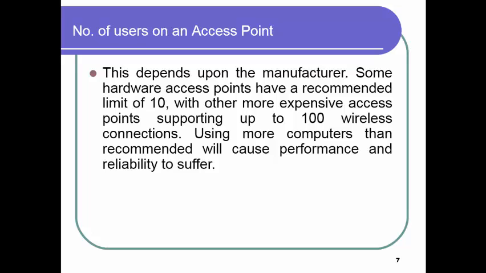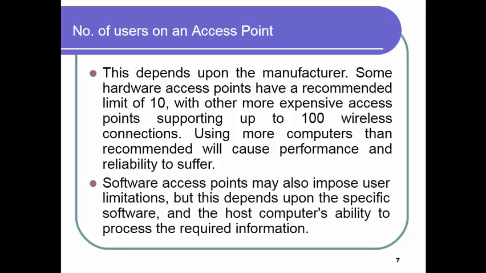Some hardware access points have a recommended limit of 10 users, while other expensive access points supporting up to 100 users are also possible. Using more computers than recommended will cause performance degradation and reliability to suffer. The data rate or performance of the network gets degraded if the number of users increases in the network.